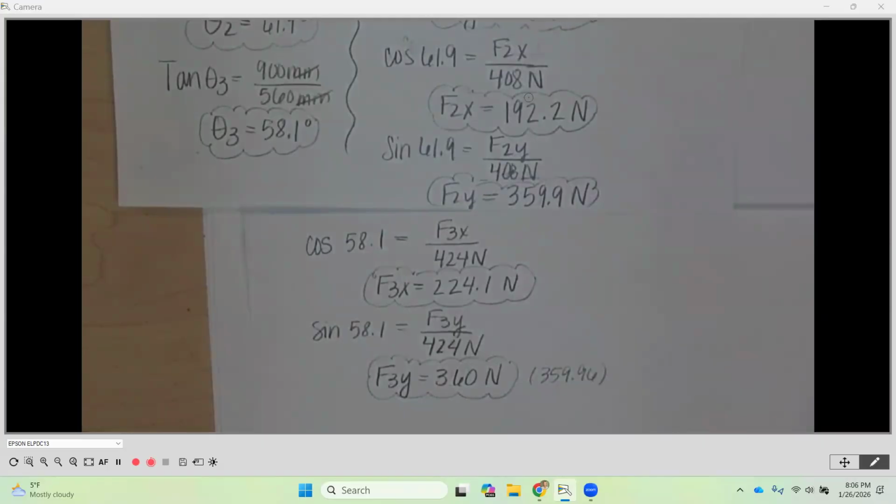So for F2X 192.2, F2Y 359.9, F3X 224.1, and then for F3Y 360, it's 359.96, so it rounds to 360.